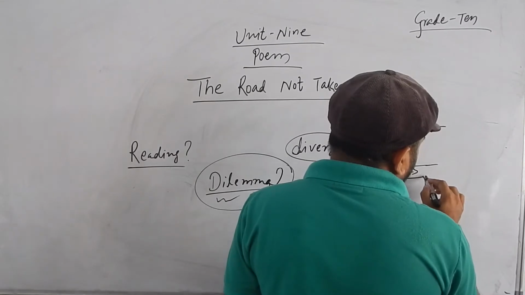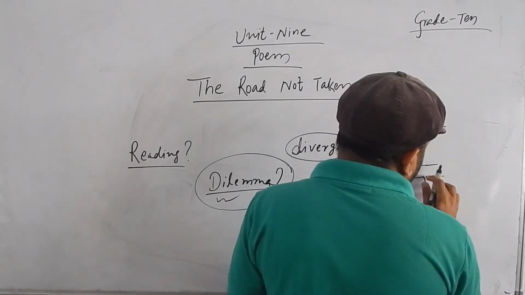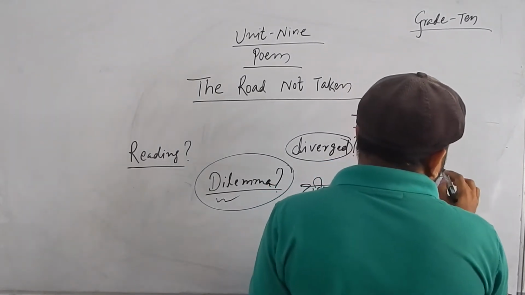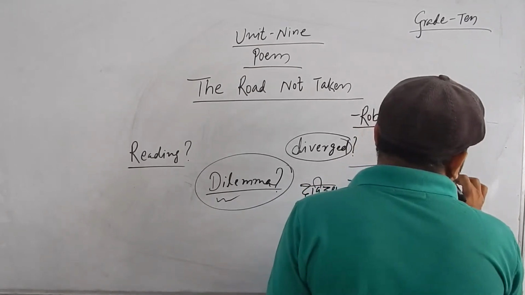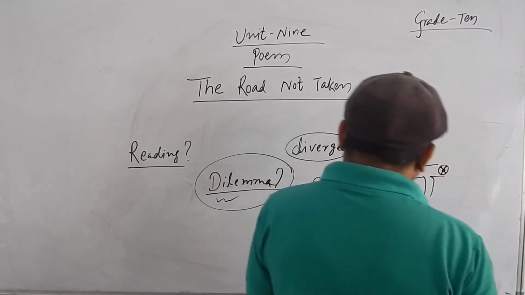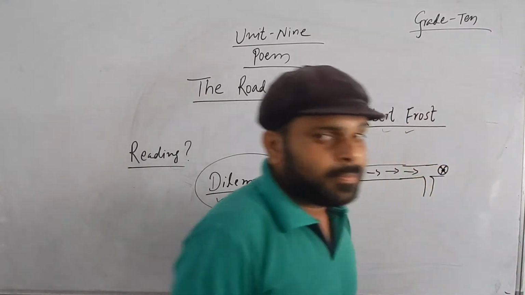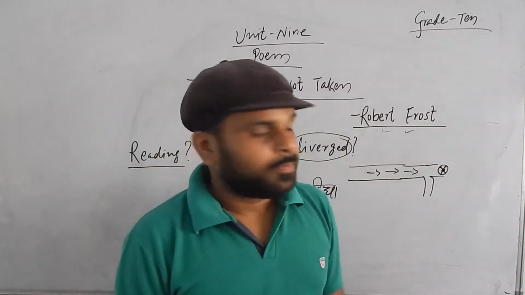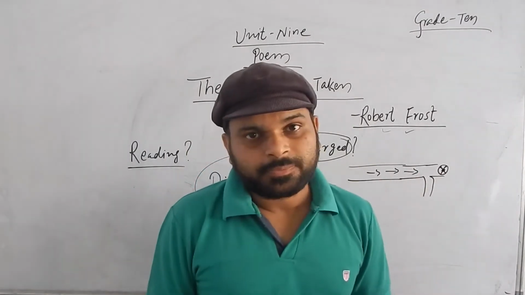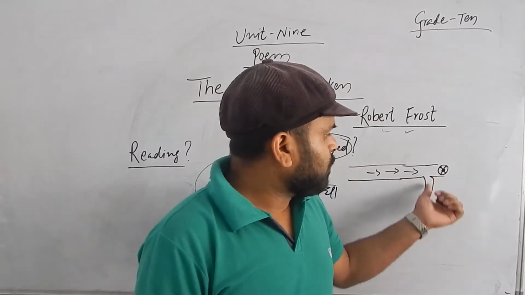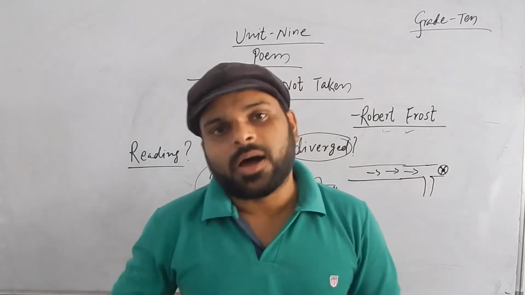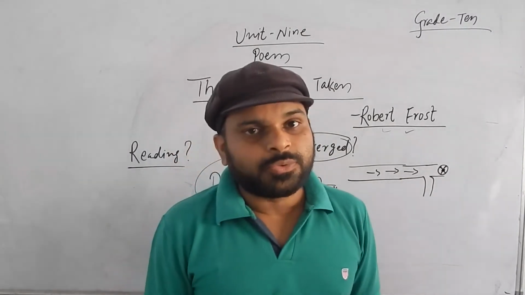The road is the same, but there is a diversion. Means there may be some problems. So to avoid the problem on the main road, you get a diversion, you get an alternative to go through.